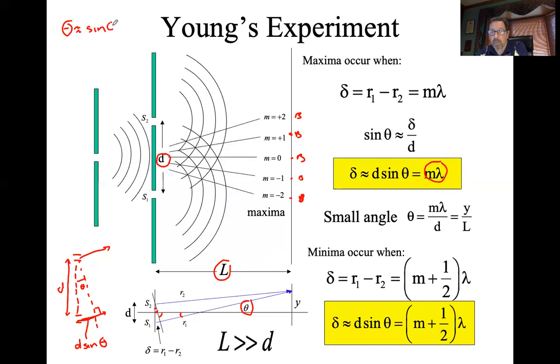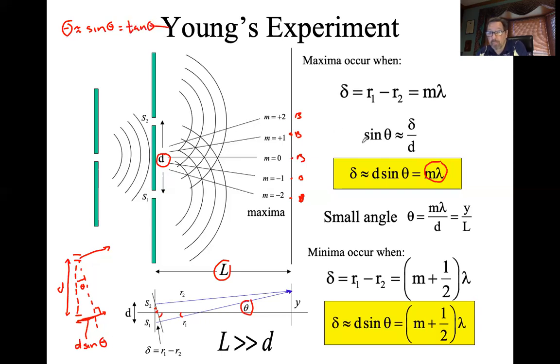Check it on your calculator sometime if you don't believe me. It has to be angle in radians now. But for radian angles less than about 10 degrees, you'll find that if you take the sine of that angle in radians and you look at the angle you started with, they're about the same. And the same is true for the tangent of that angle.